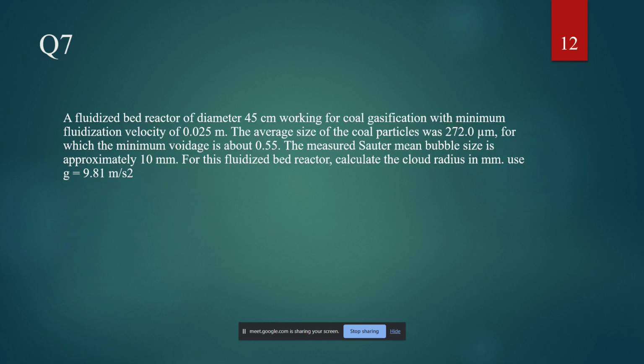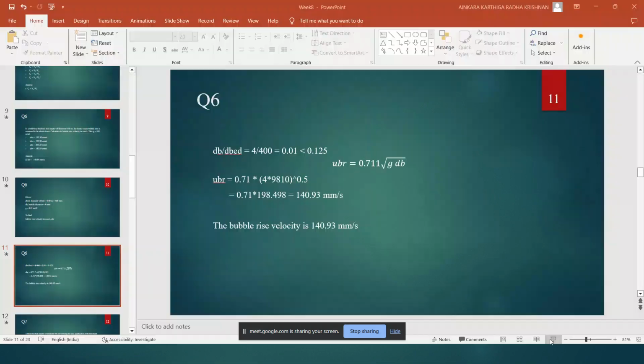In question 7, it is asked that a fluidized bed reactor of diameter 45 centimeter working for coal gasification with minimum fluidization velocity of 0.025 meter, it should be meter per second, I guess.